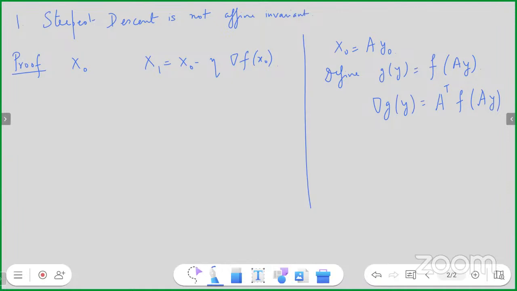So my update in X iteration is here. What is my update in Y? Or equivalently, what can you write?